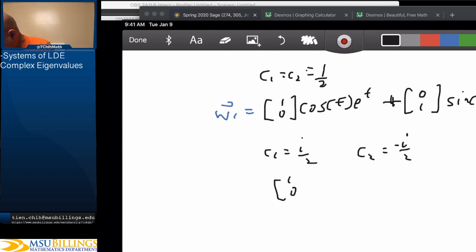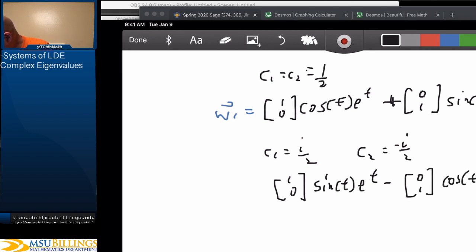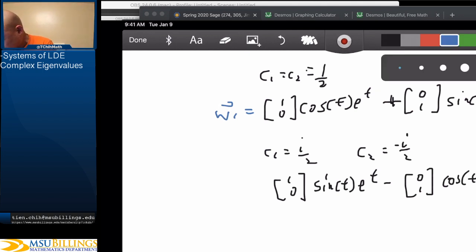So what I will end up with as my solution is 1, 0 sine of t e to the t minus 0, 1 cosine of t e to the t. I'm going to call that W2.